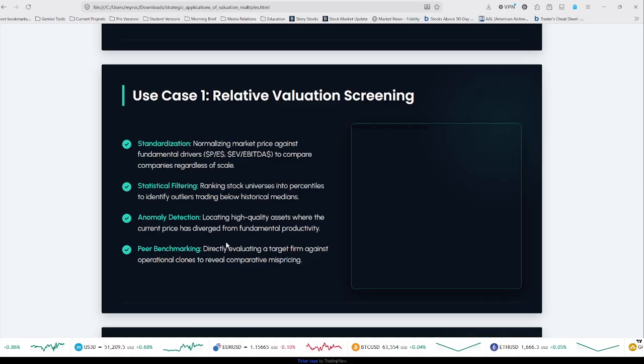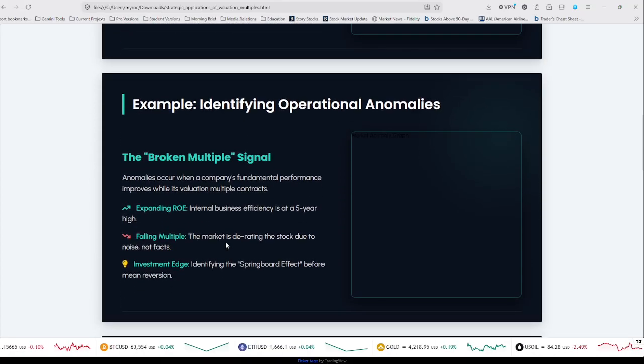But yes, you can put those two next to each other and say, which company is better? And then imagine if the better company had the lower valuation out of the two, then you automatically know you're getting a deal. Let's slide down here a little bit.